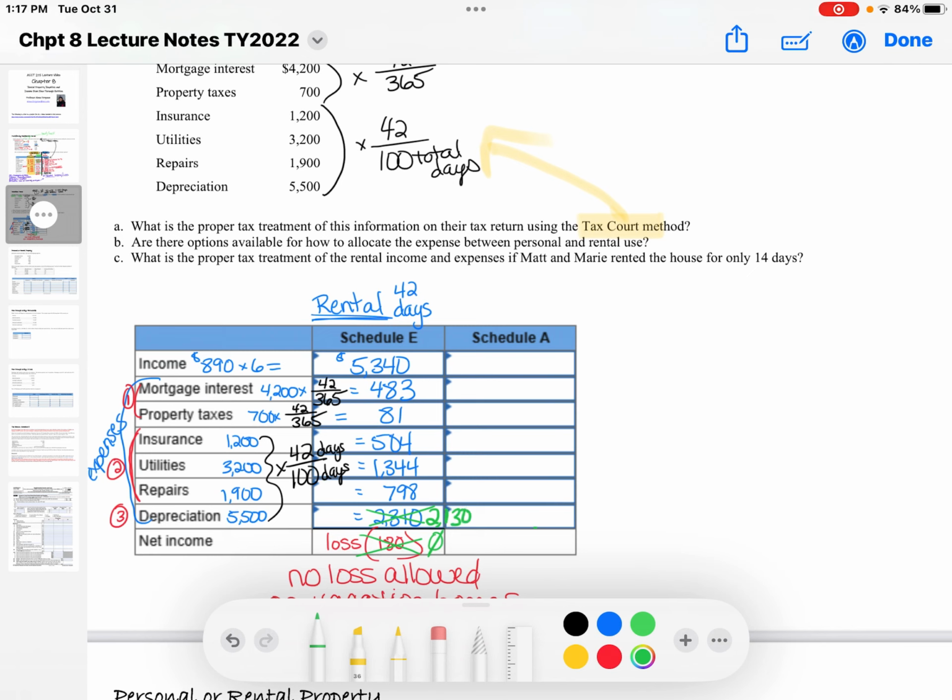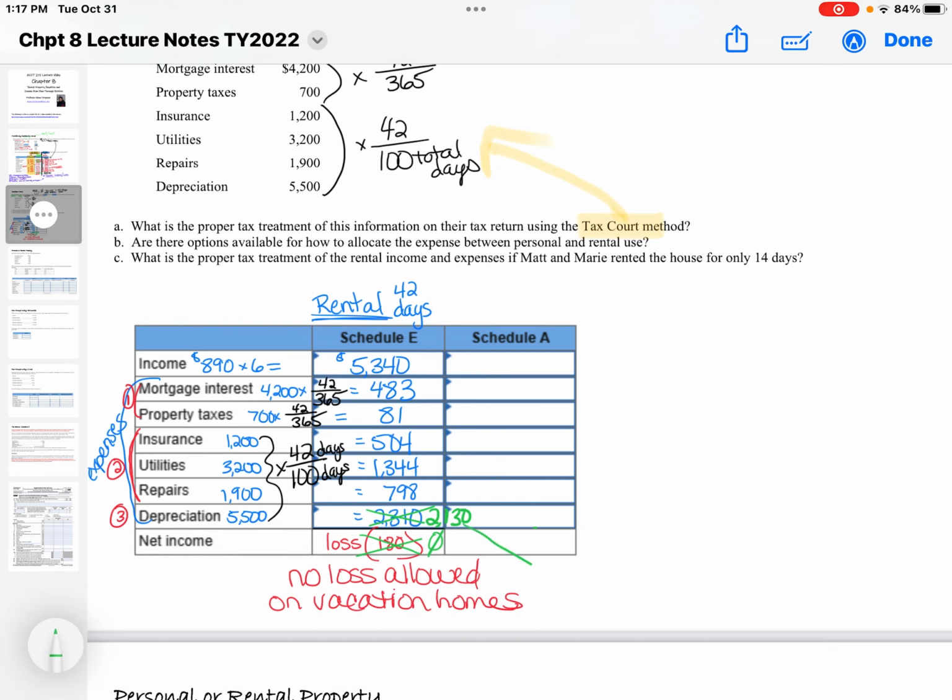Again, the way I calculated this is that because we can't have a loss, the $2,310, the last thing, which is depreciation, I'm going to take away $180, and that gives me $2,130 as my new depreciation amount. That's my new depreciation expense. That's what I'll be allowed to deduct on my Schedule E so that in the end, I'm at 0. I'm not allowed to have a loss. So that's the way these ones work.